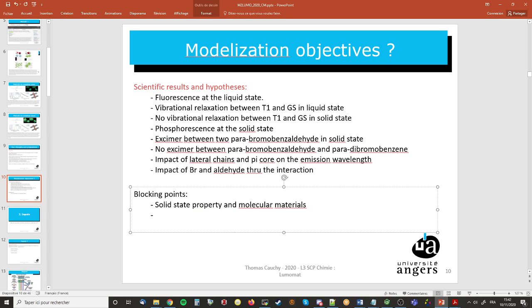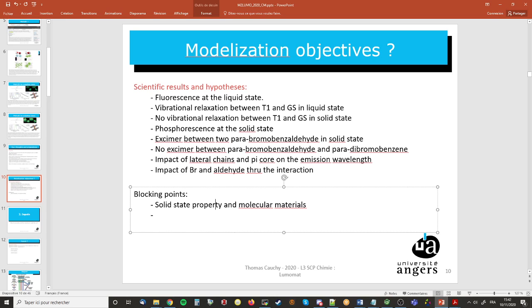However, when we talk about solid state computational chemistry or solid state DFT, it's for fully crystallized and fully periodical systems, more like NaCl, pure solid states.